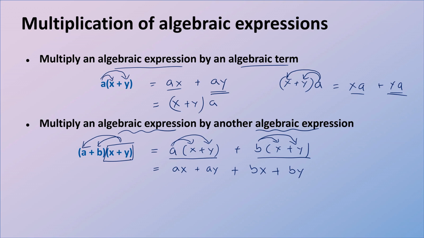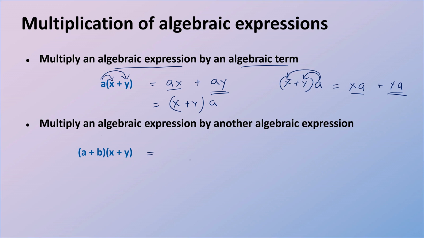So A plus B times x plus y can be written in another way as A times x plus A times y plus B times x plus B times y. To get to this, I had to go through this step, but that is an unnecessary step, and I will show you an easy way to do this.